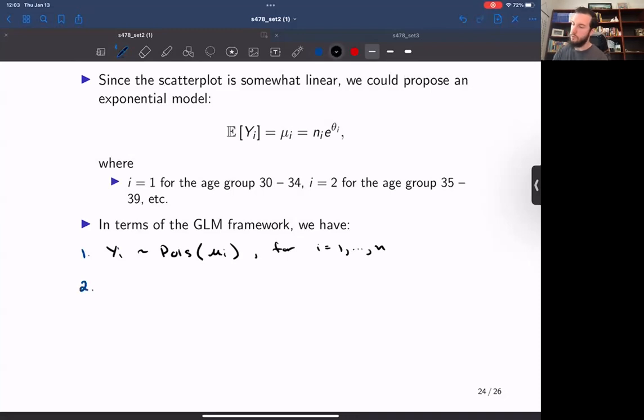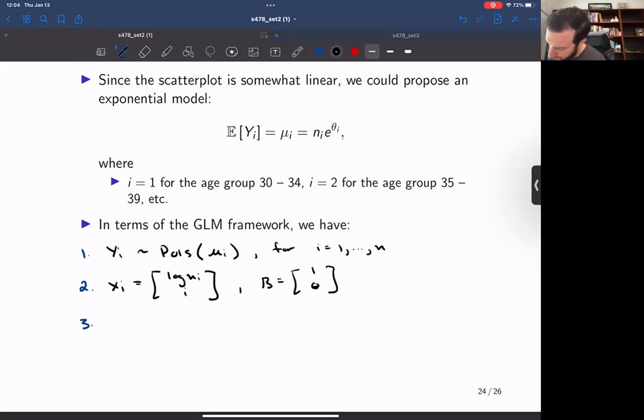And then in part 2, we're going to let x_i equal log n_i, and we're going to let beta equal 1, theta. Okay.